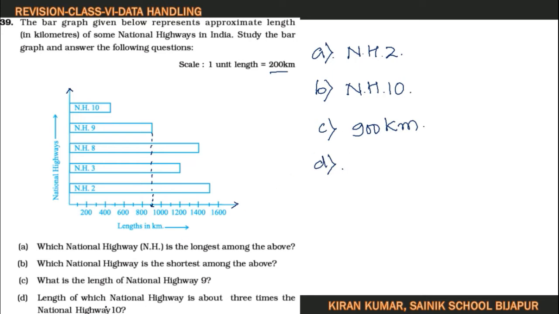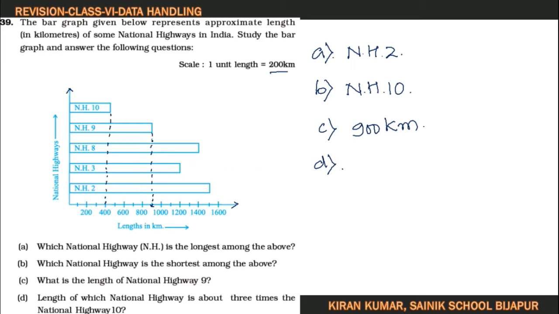Fourth one, the length of which national highway is about 3 times the National Highway 10. National Highway 10 is 400. Now we need to identify 3 times 400. Is it 400?